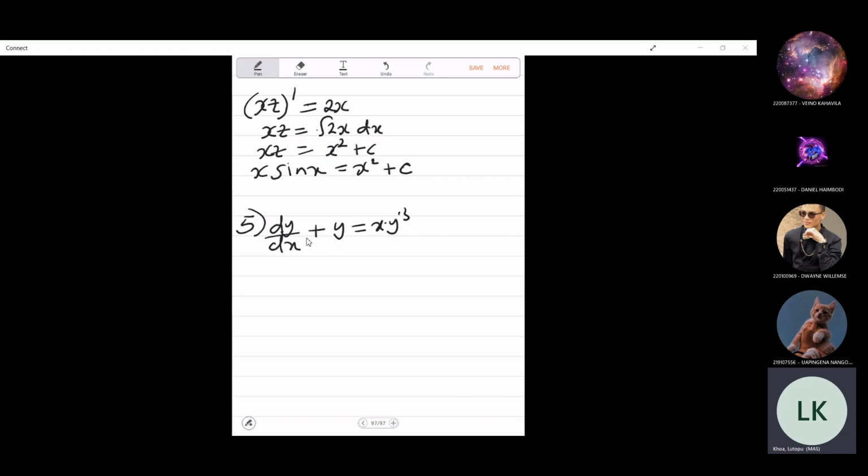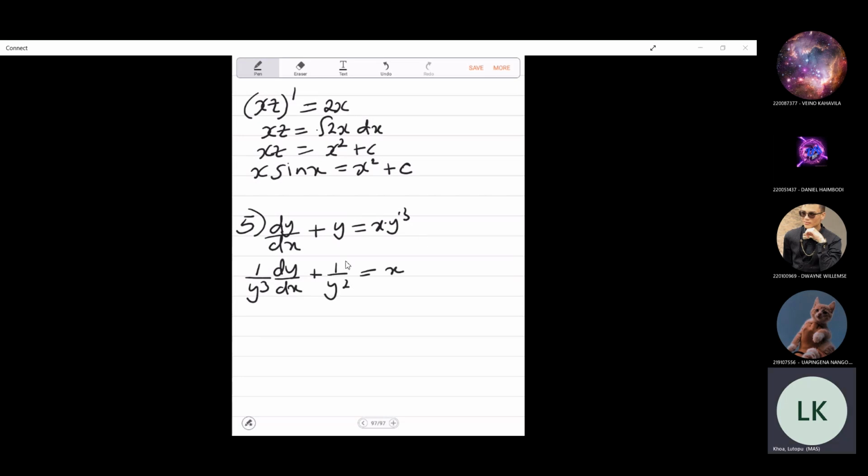So what we should do is first divide everything by our y to the power of 3. So I have 1 over y to the power of 3 dy/dx plus 1 over y squared. This is equal to x.